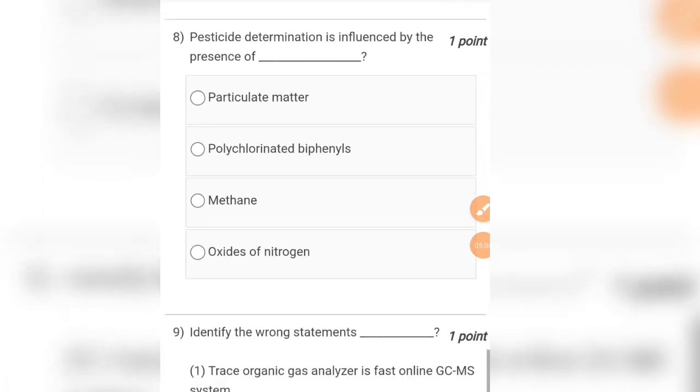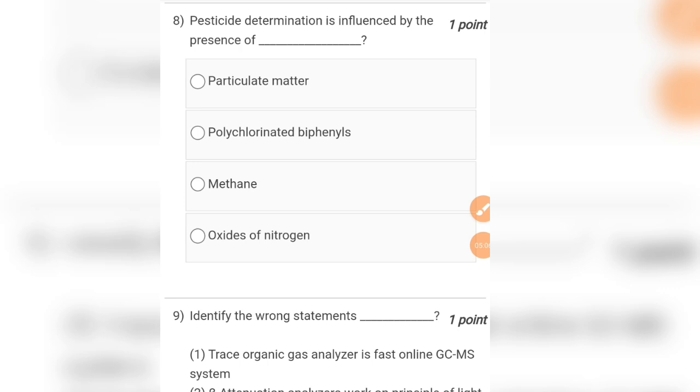Question number 8 is: pesticide determination is influenced by the presence of dash. Options are particulate matter, polychlorinated biphenyls, methane, oxides of nitrogen. So the answer for question number 8 will be option A, that is particulate matter.